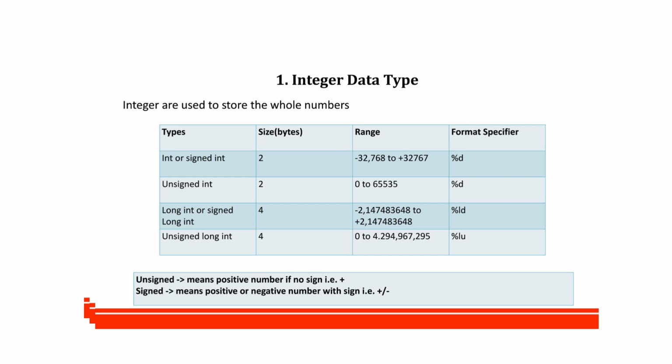We use the %c format specifier to print it. The character data type is also divided into two types: signed character and unsigned character. The signed character's range is minus 128 to plus 127. The unsigned character data type is 0 to 255.